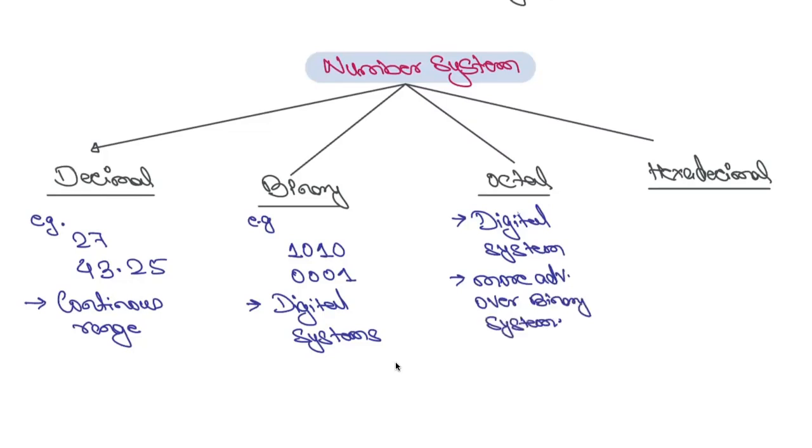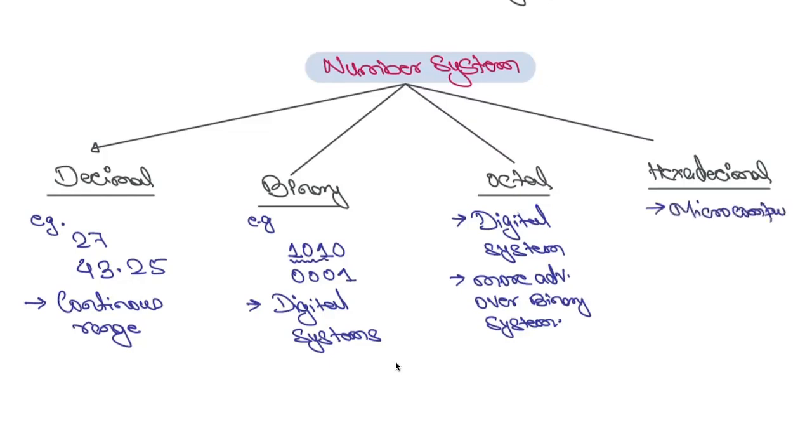Why does it have more advantage over the binary system? Because it is easy to read, to record, to process, to write. Why? Because 3 bits of binary represent 1 digit of octal number, right? That means if you are using 101 in binary, you need to use only 1 digit in the octal system, right? Hexadecimal systems are used in microcomputers.